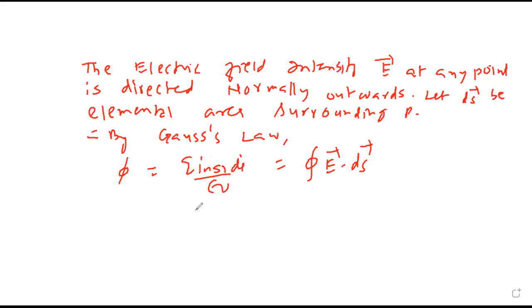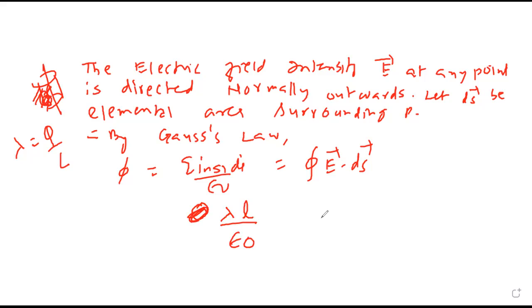Now Q inside is, see, lambda is charge per unit length. Q inside this Gaussian cylinder is only on the length L part you have to consider. So it is lambda into L upon epsilon naught, and E is constant, ds cos 0 integration.